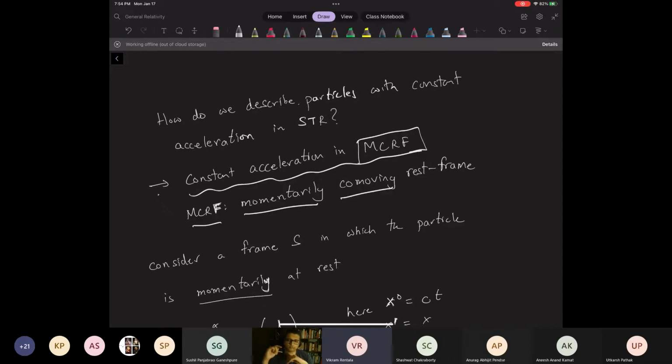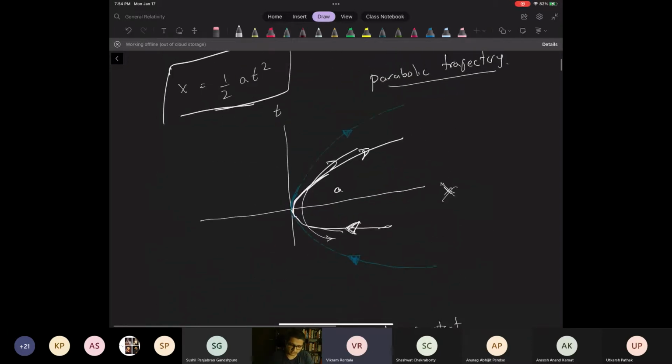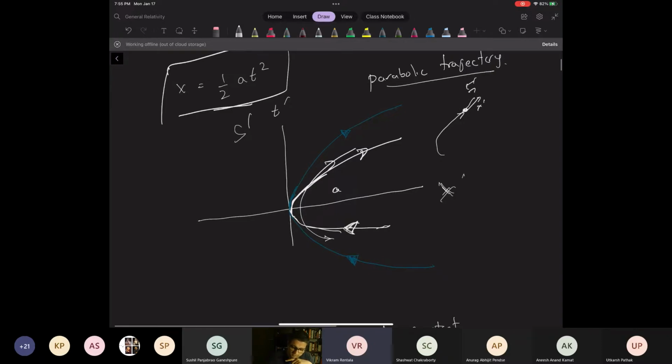If you're in some frame S prime and you have a particle which is moving, you locate the particle at some instant of time, and then you switch to a coordinate system which is moving with the same speed as this particle, so that momentarily in that new reference frame, let's call it S, the particle is at rest at that instant of time.